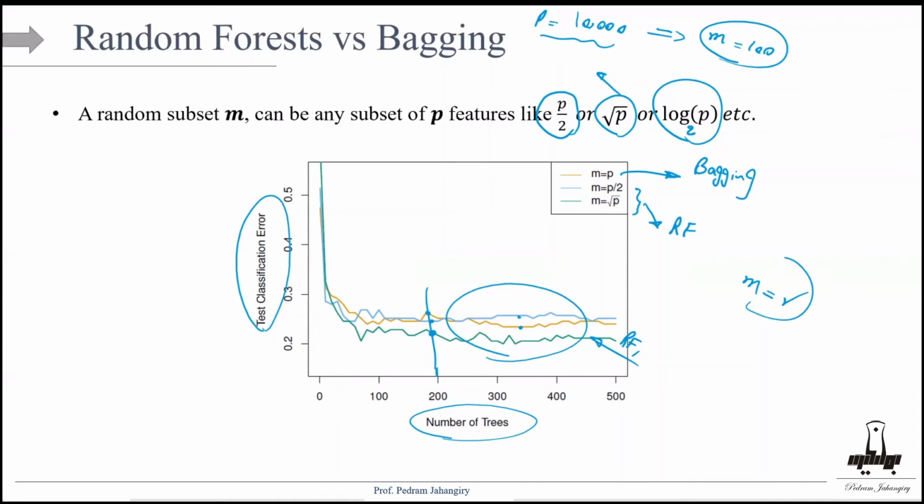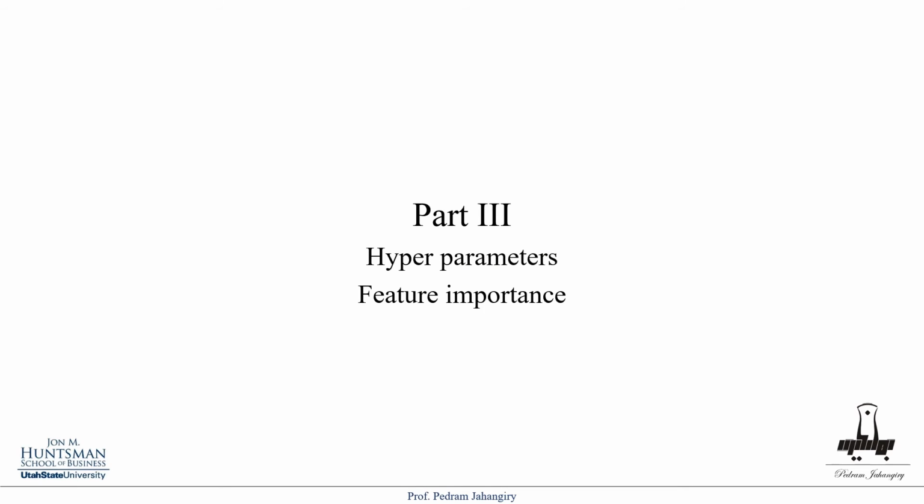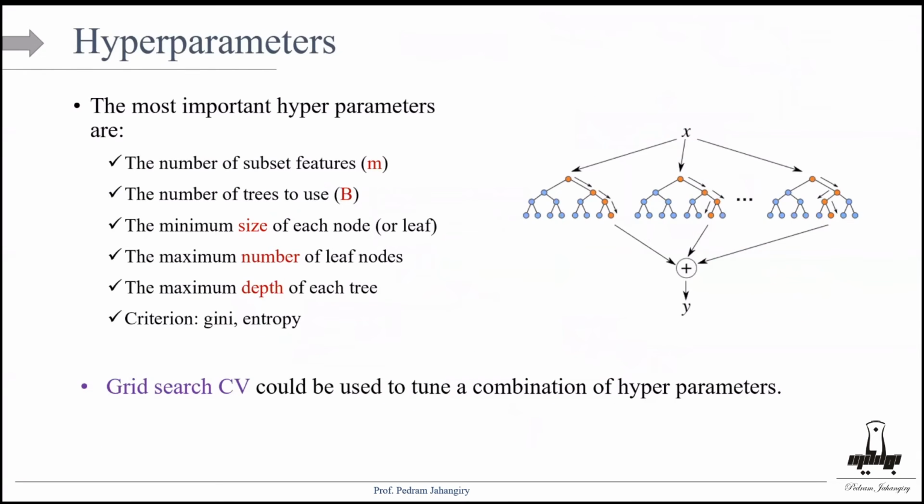So this is going to be one of the hyperparameters that we need to tune when dealing with random forest models. Okay, part 3, hyperparameters and feature importance. The most important hyperparameters for random forest are the following, right? Most of them overlap with the decision tree hyperparameters, because random forests are derived from decision trees. It's a tree-based model.